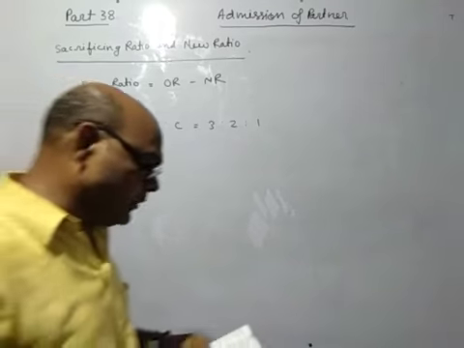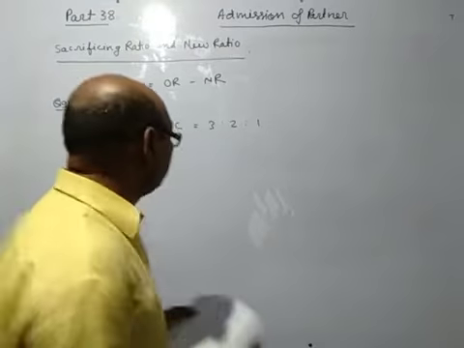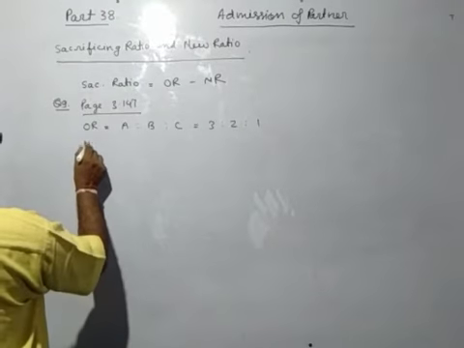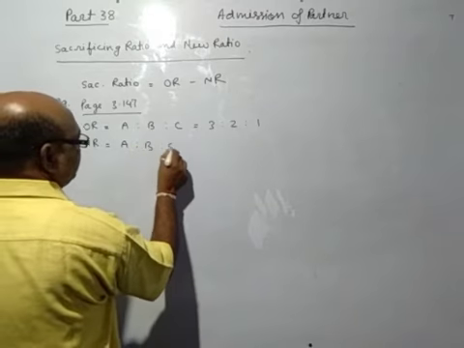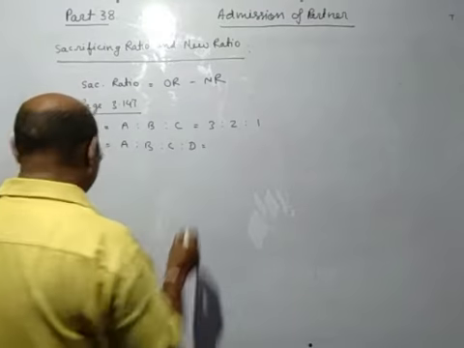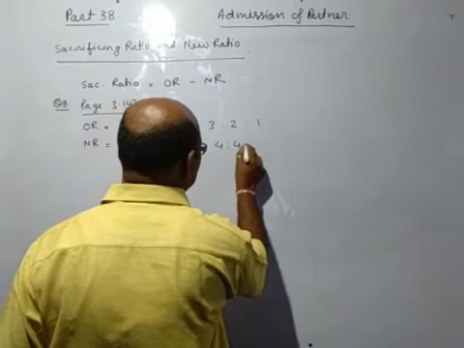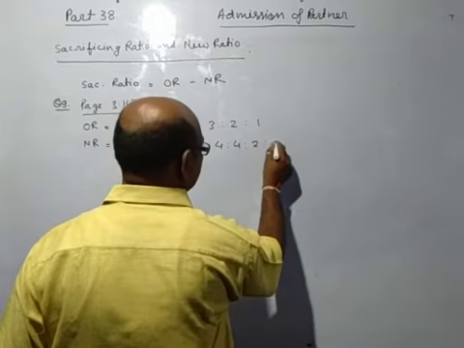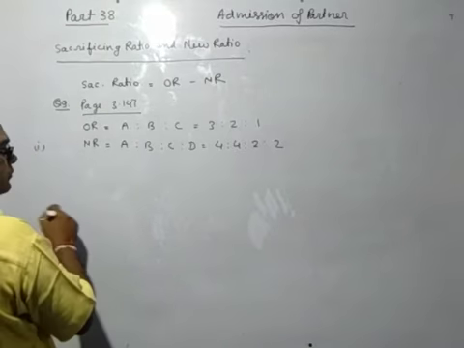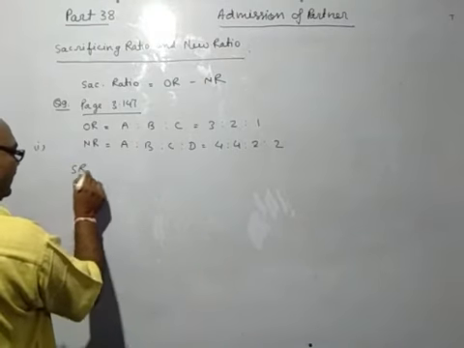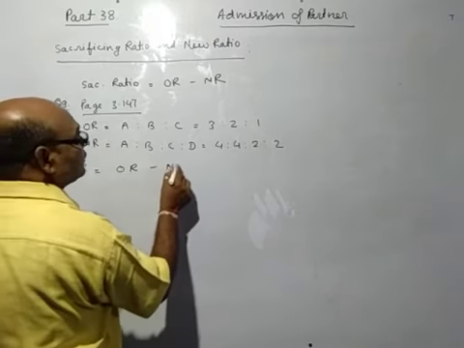Upon admission of D, they agreed to share as follows. So new ratio A is to B is to C is to D is given as 4:2:2. In the first case, you will calculate the sacrificing ratio, that is the old ratio minus the new ratio.